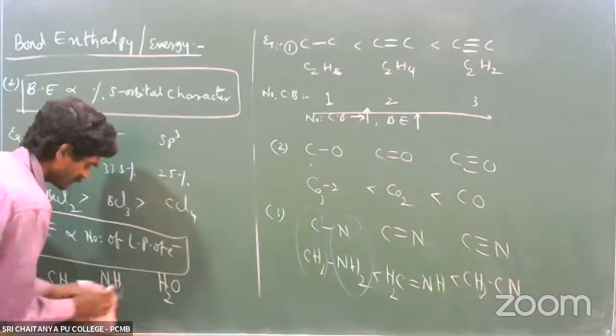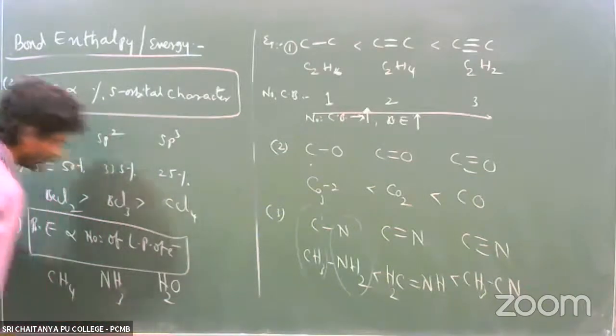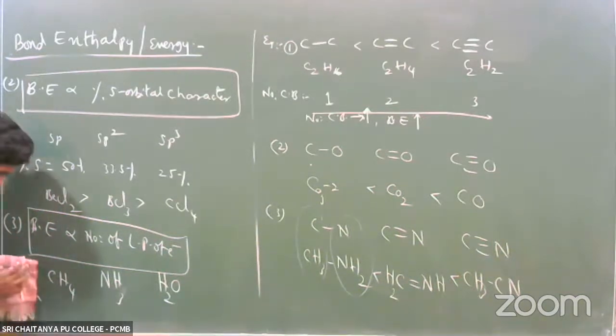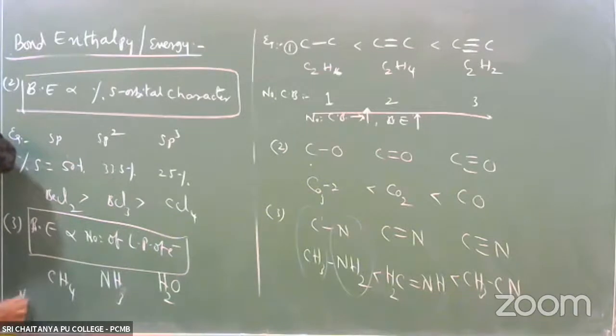In CH4, with the carbon and 4 hydrogens, all four valence electrons are participating in bond formation. There is no lone pair, so the number of lone pairs is 0.